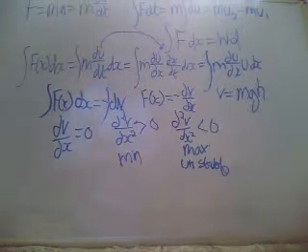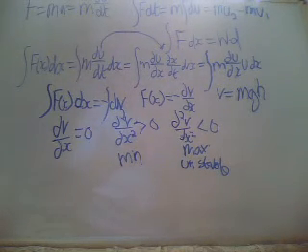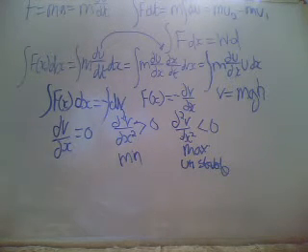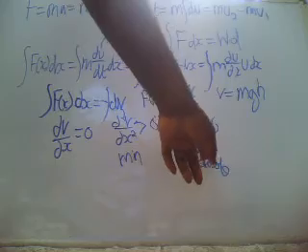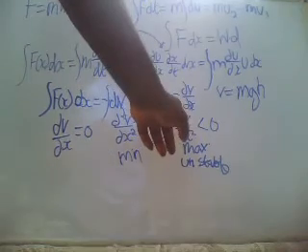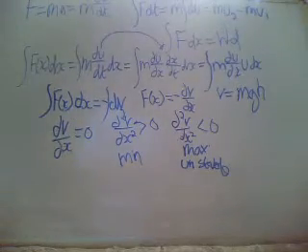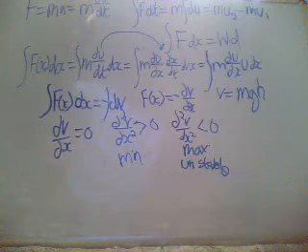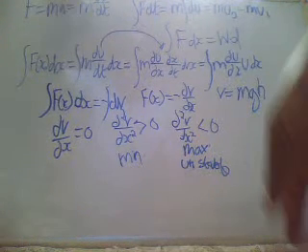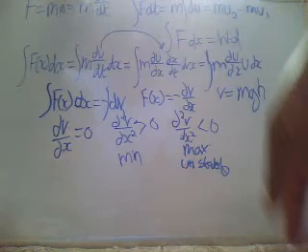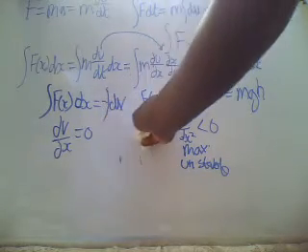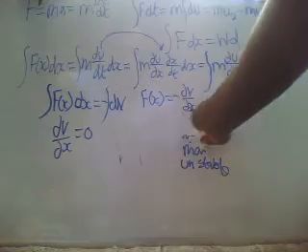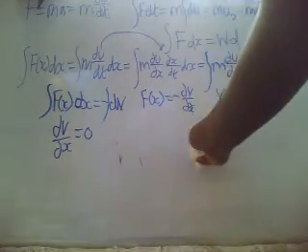If you give it a small perturbation, it will move quite a lot if it's unstable, which occurs when d squared V/dx squared is less than zero. So now we know that the equilibrium is when the derivative is equal to zero.